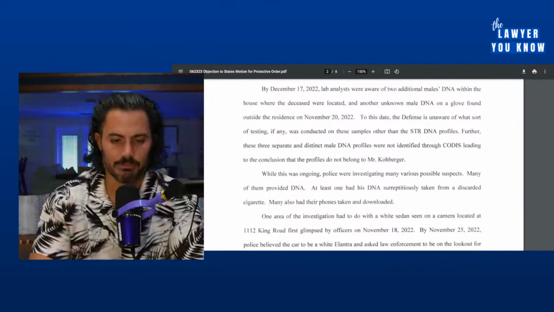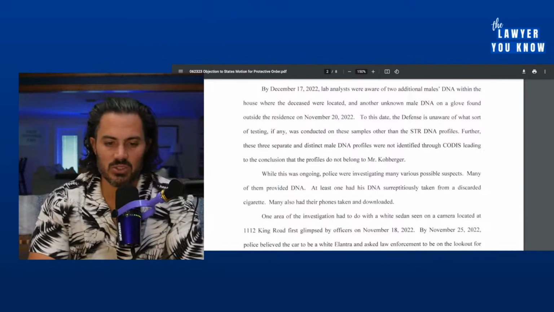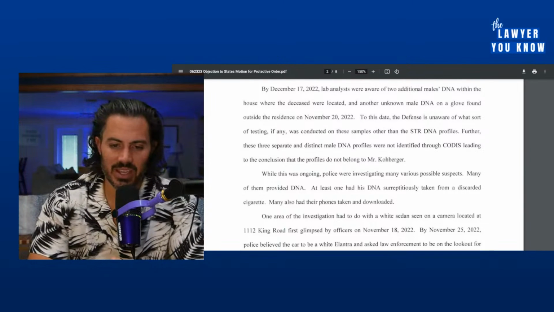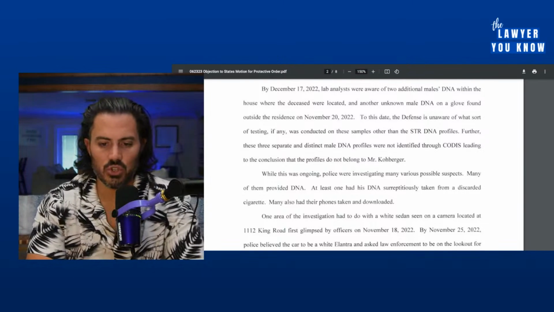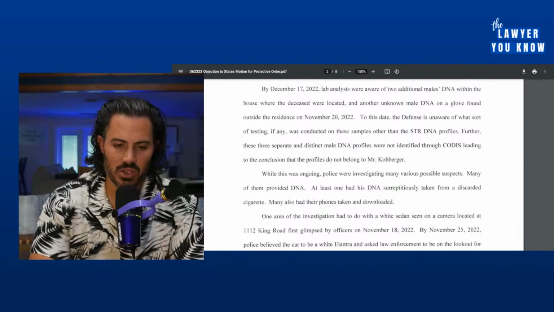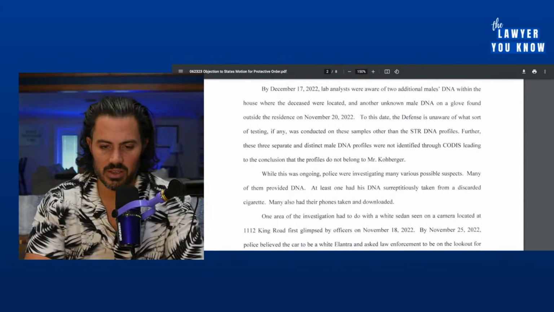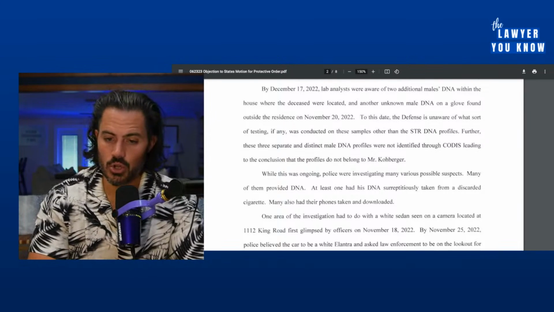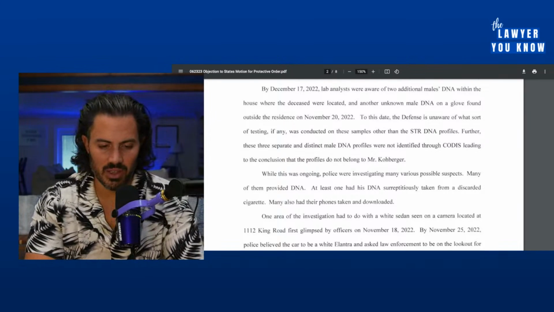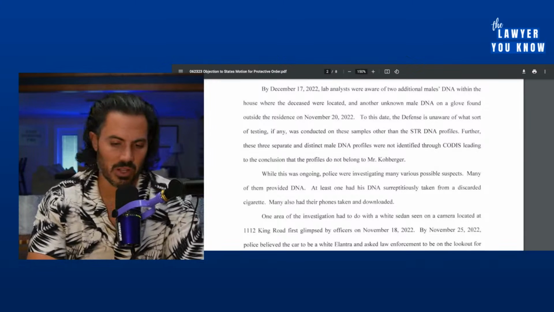Once they found out it was male, when they started connecting it elsewhere, they were focused on males. By December 17th, 2022, lab analysts were aware of 2 additional males' DNA within the house where the deceased were located, and another unknown male DNA on a glove found outside the residence on November 20th, 2022.